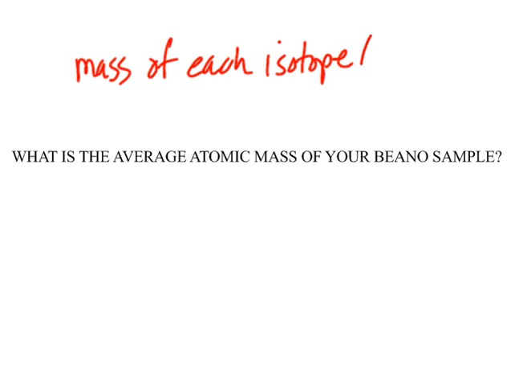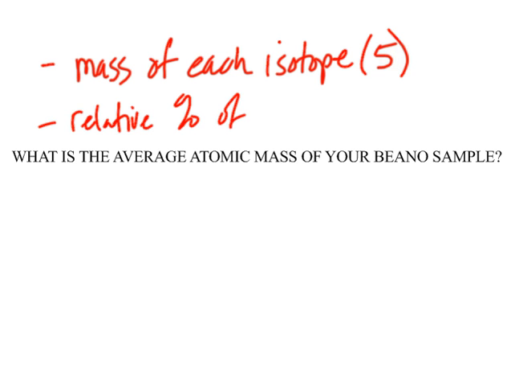In this case, you had 5 different isotopes, because you had 5 different types of bean. And you needed to know the relative percentages of each bean, or of each isotope. So you have all the information you need, so give it a shot, and we'll talk about it tomorrow.